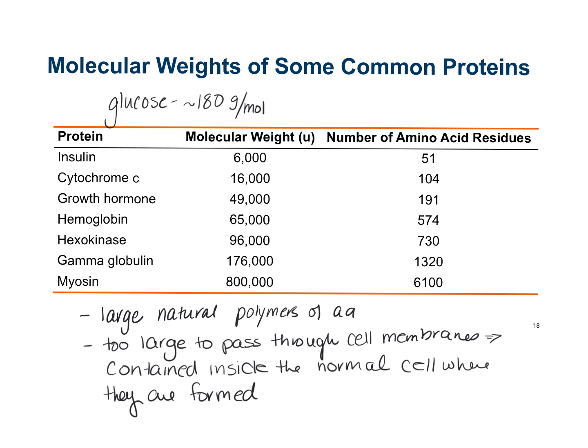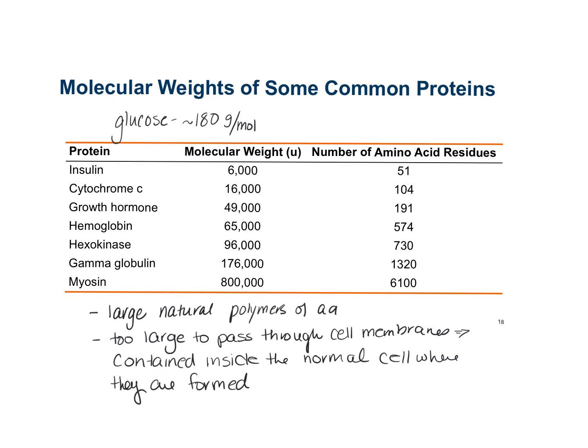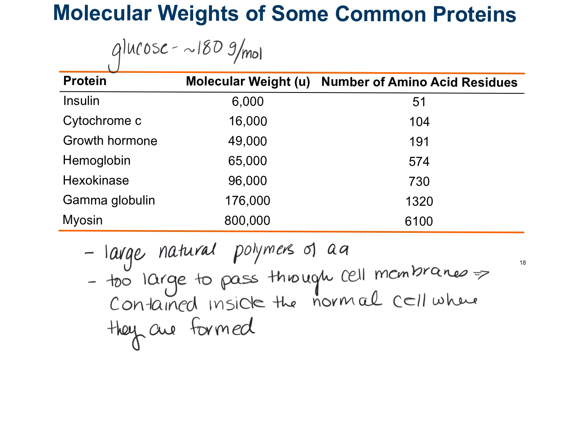So those cells in the heart have gotten damaged and those have leaked out, and we can measure them. Human cells contain about 9,000 proteins, and the human body overall contains over 100,000 different proteins.